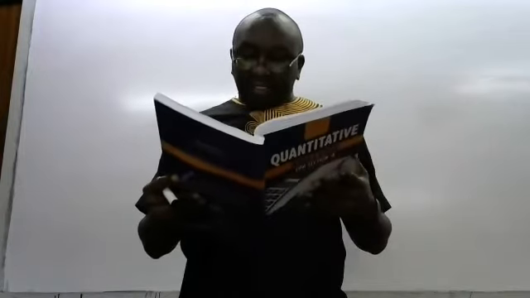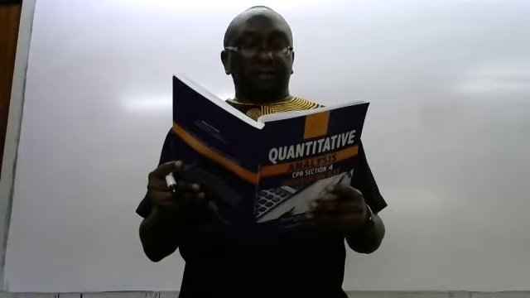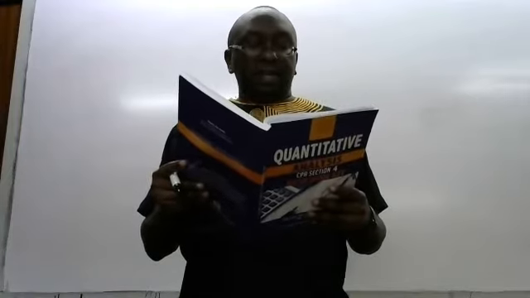So we have the outlet, the mean monthly sales, standard deviation, sample size. Now test at 5% significance level whether there is a significant difference in the mean monthly sales of the 2 outlets.